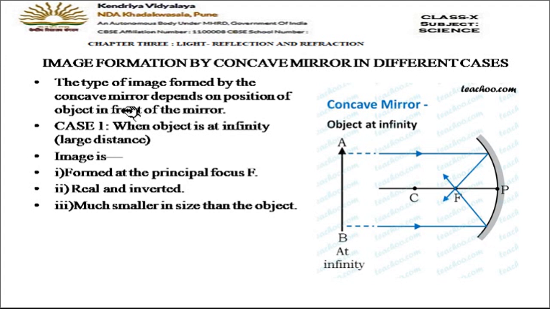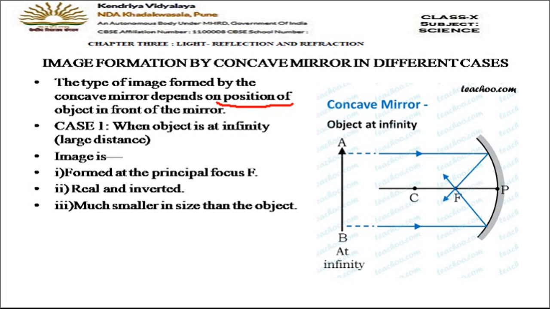Whenever the object is kept in front of the mirror, an image will be formed, but where the image is formed and what the size of the image is depends mainly on the position of the object: whether it is at C point, at F point, at infinity, somewhere behind the C point, in between these, or in between F and P. Wherever the object is placed will decide the position of the image and what type of image will be formed.